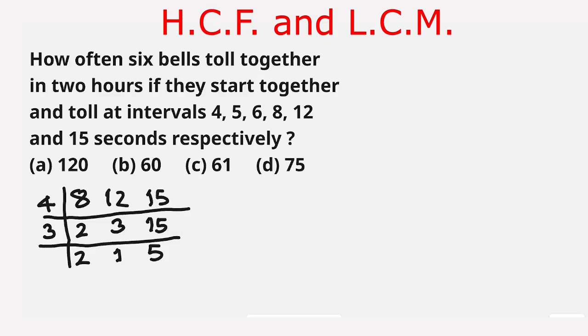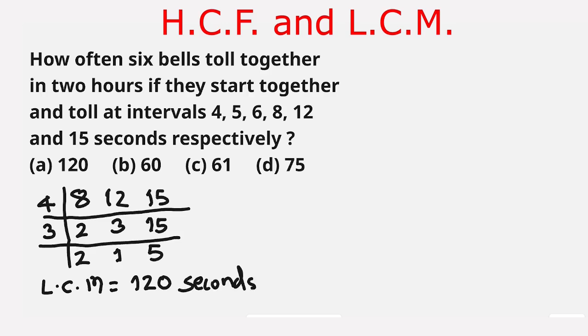Now the LCM is the product of all these numbers. 5 times 2 is 10, 10 times 3 is 30 and 30 times 4 is 120, and LCM is 120.